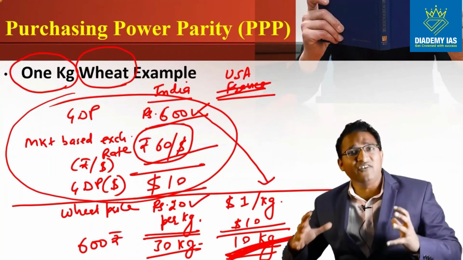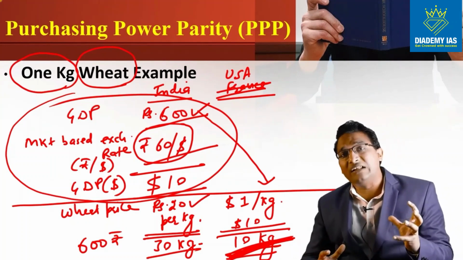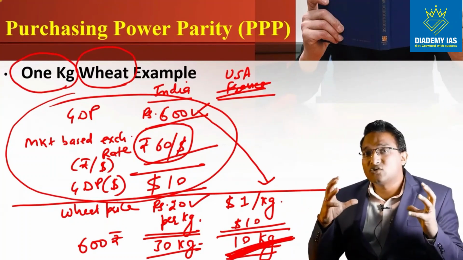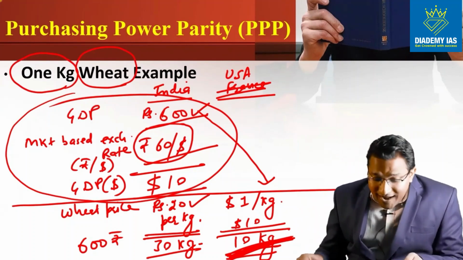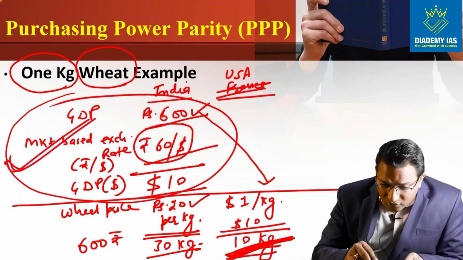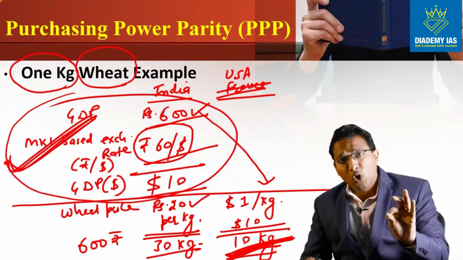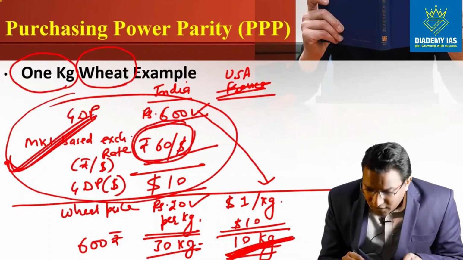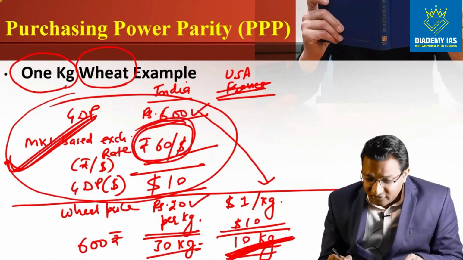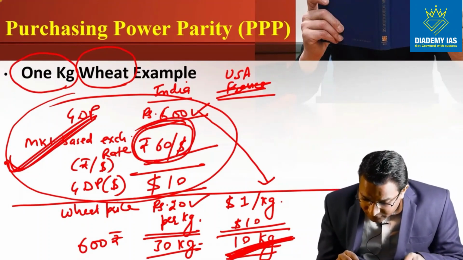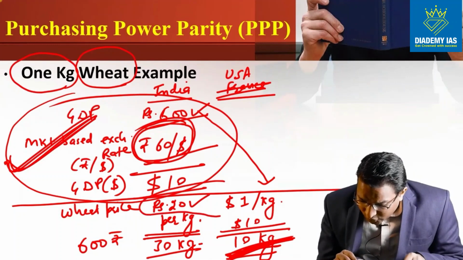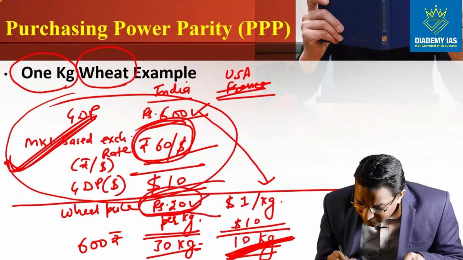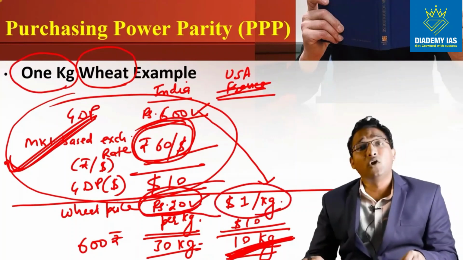So this level of difference between 30 kg and 10 kg actually indicates that this market-based exchange rate is not appropriate, because the market-based exchange rate showing 60 rupees per dollar is not justified when we see that here it actually becomes 20 rupees per dollar, because here the wheat costs rupees 20 and there the wheat costs $1.